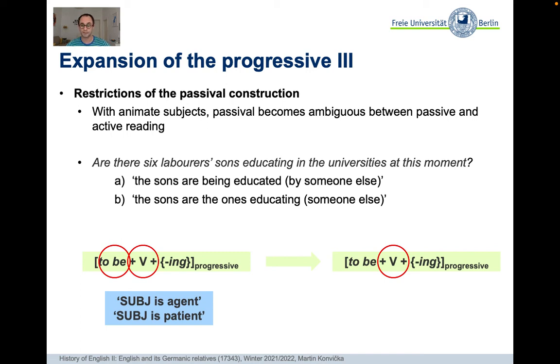So whereas the passival in the beginning of the 19th century can either be active or passive, the same construction in present-day English can only be interpreted as active, right? So the 6 laborers' sons are educating cannot be interpreted as a passive event in present-day English.